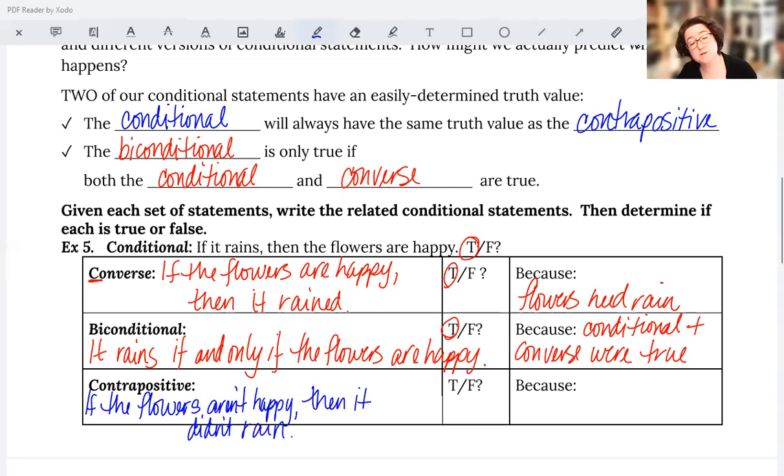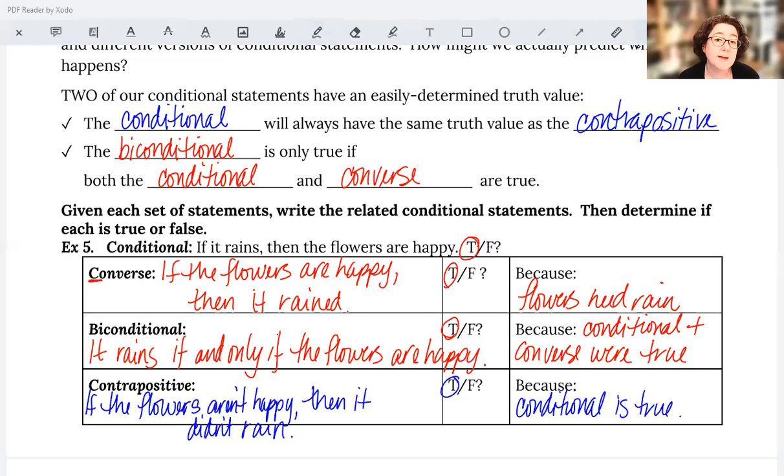So again, conditions for flowers and plants to be happy, they need rain and they need sun. And if they didn't have both, they're not going to be happy. So if the flowers aren't happy, then it didn't rain. They didn't get one of the things that they needed. So I'm going to call that true because the conditional is true.